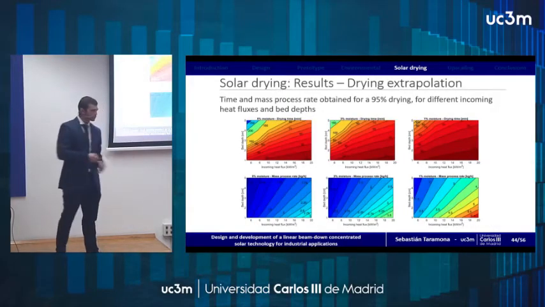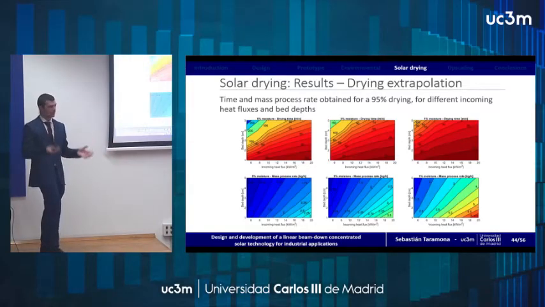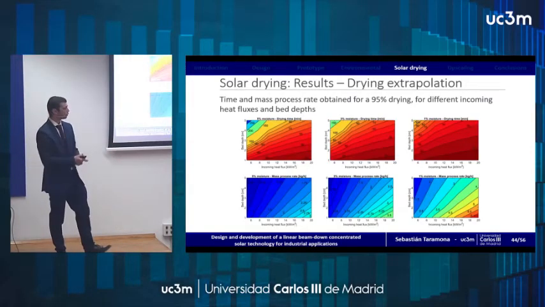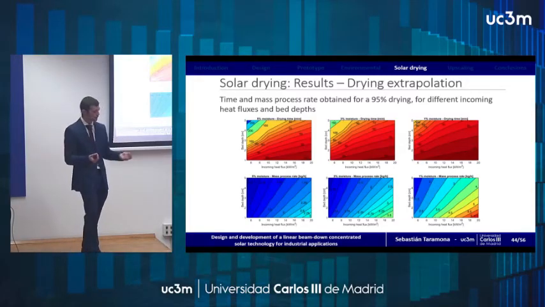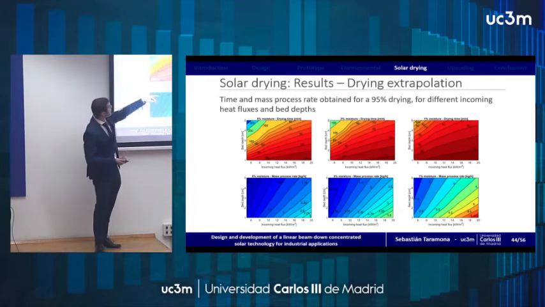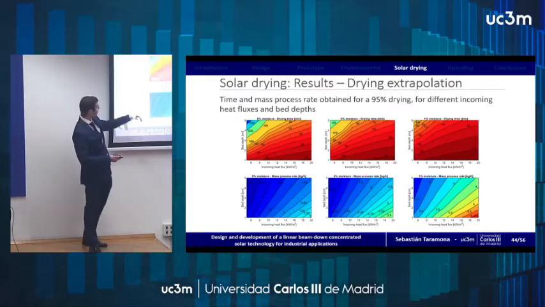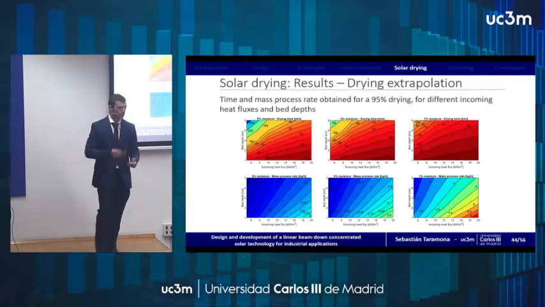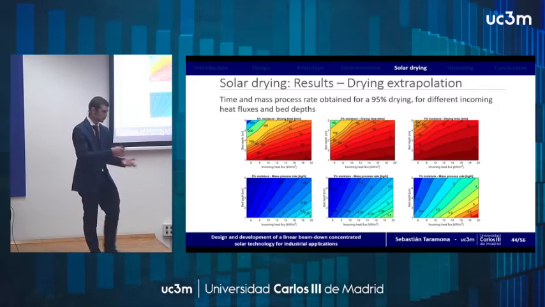Now, if we wanted to extrapolate these results up to a bigger scale and analyze what is better in terms of concentration regarding the depth of the bed, you can see in the figures of the top the drying times of different initial water content, and in the figures of the bottom, the mass process rate, which means how much mass we can process in terms of both bed depth and incoming heat flux, which is the concentration.